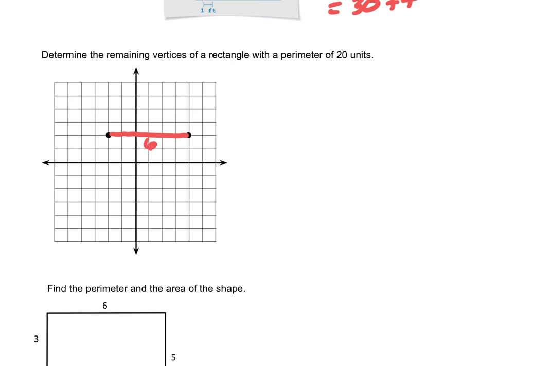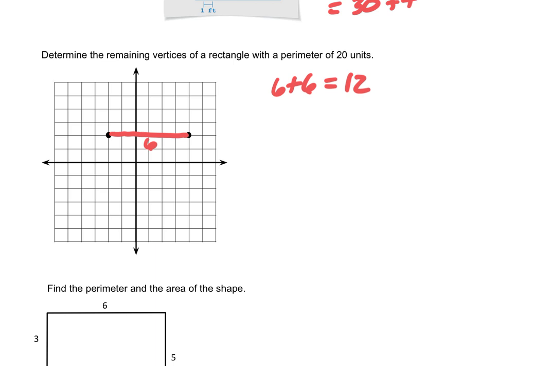That has a length of 6 units. The side across from it has to be the same length, right? So it also has to be 6. So that gives us 12 units already. My total perimeter is 20.